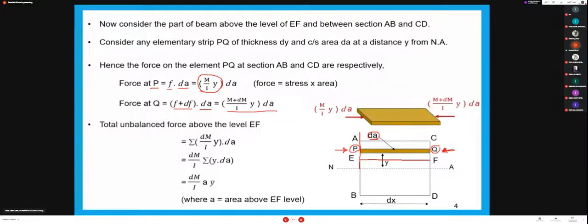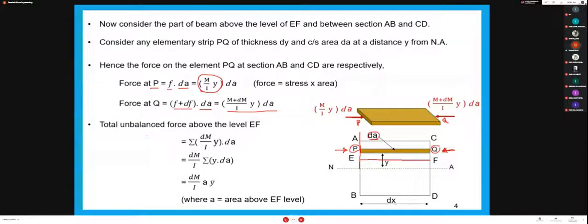Now the difference between these two forces: this force acts at point P here, and here at point Q. So we have considered this small strip. Here the force is M by I into y into dA in this direction, and at point Q the opposite force is this.